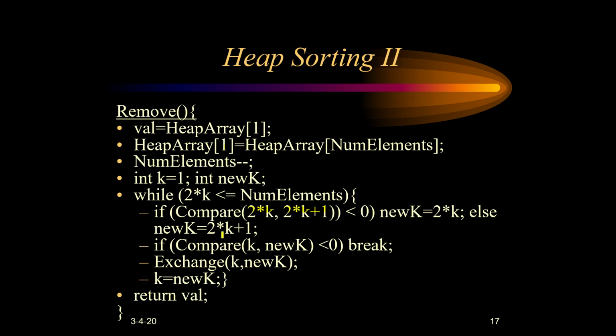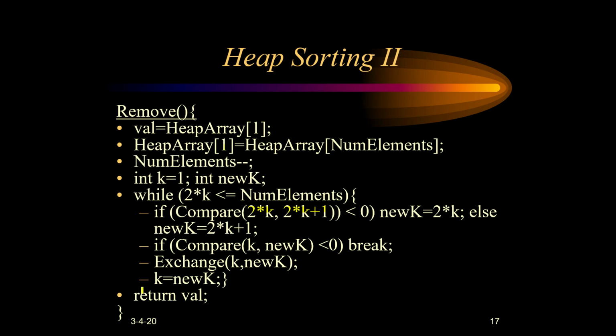And if this condition exists, in that case I go for comparing the parent and the new key. If the parent is less than the child, then I break. Else, if it is greater, in that case I need an exchange between the parent and the child. Whichever is the child, with that an exchange happens.